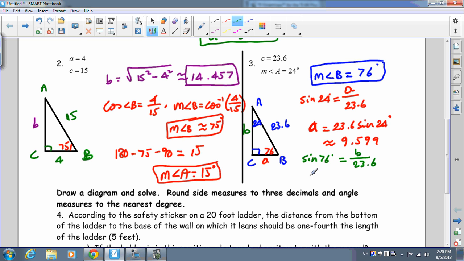If you cross multiply again, you will get B is equal to 23.6 times the sine of 76, and it's approximately equal to 22.899. Check my calculation. Use your calculator to find these answers.